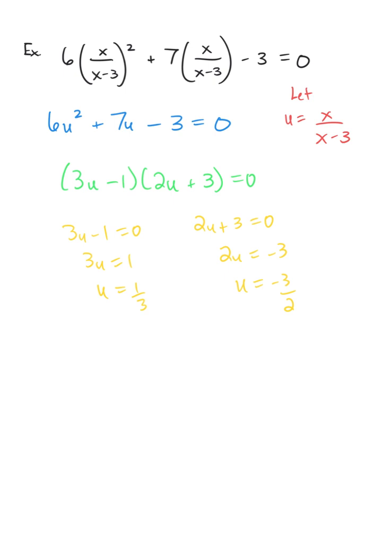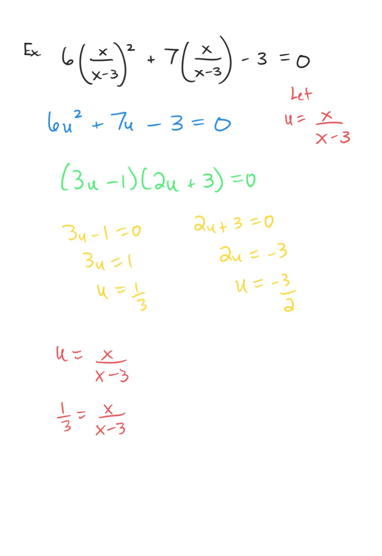So then the kicker is, this is what u is, but now we've got to put things back in. So I am going to replace here. So I know u equals x over x minus 3. So if u equals 1/3, that is the same thing as x over x minus 3.